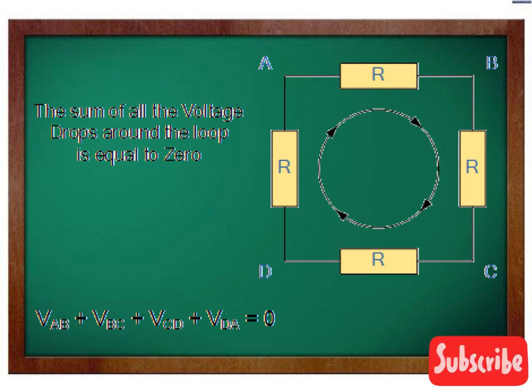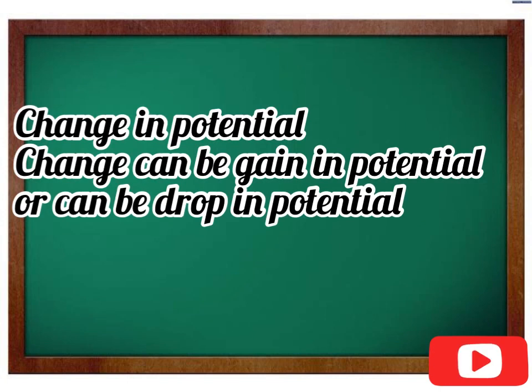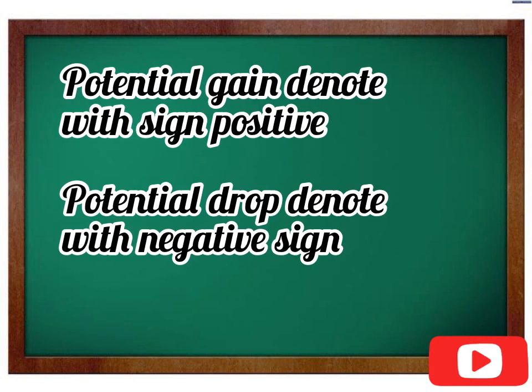That change in potential can either be a gain or a drop in potential. Change means it can be changed by increasing its value or by decreasing its value. Increasing the value is the gain, and decreasing the value is the drop. So we are considering two words, potential gain and potential drop. These words are very, very important in KVL.